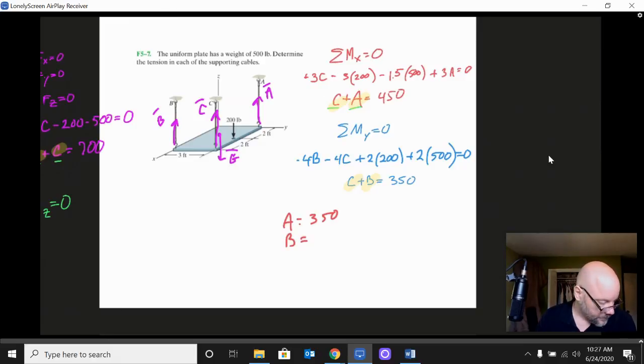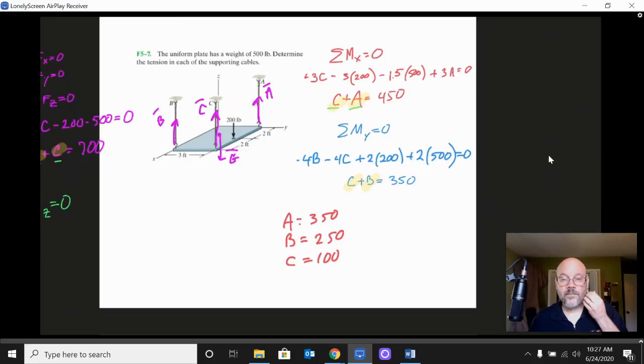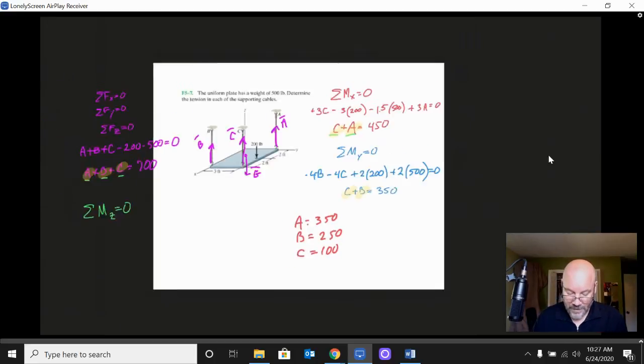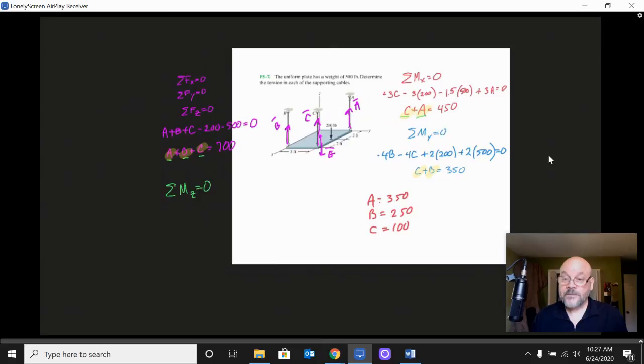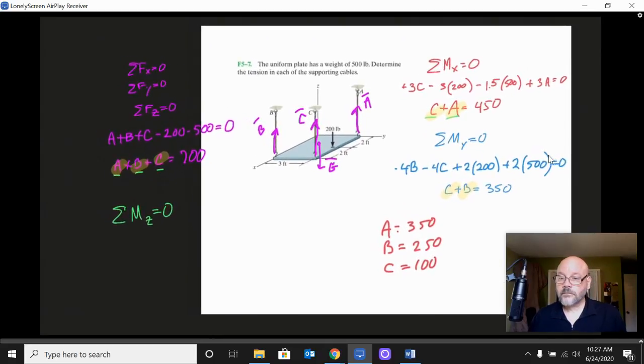B is 250. And C is 100. Okay. So those are the answers. Sometimes I forget I'm on my highlighter setting. So let me zoom out just a little bit. We can see the whole thing.